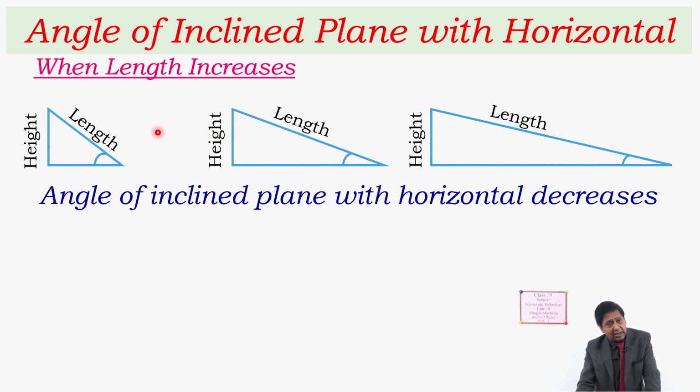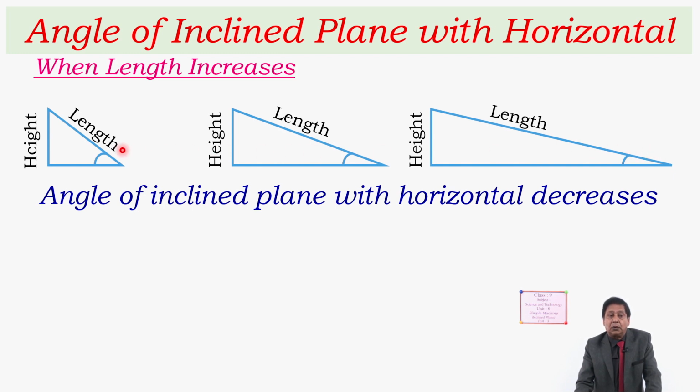And what it means, if the length of the inclined plane is increased, then less effort will be able to pull the heavy load. All this inclined plane helps us to pull heavy load by using less effort. But the same load can be pulled using less effort in the second case than in the first, and if the same load is pulled on the third inclined plane, it requires even less effort.